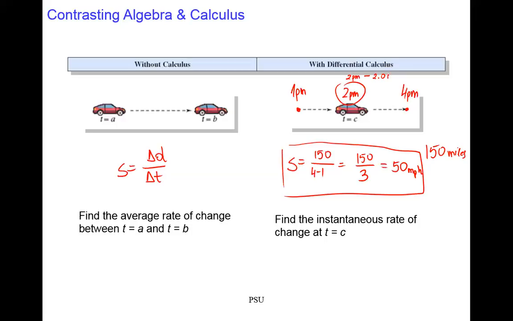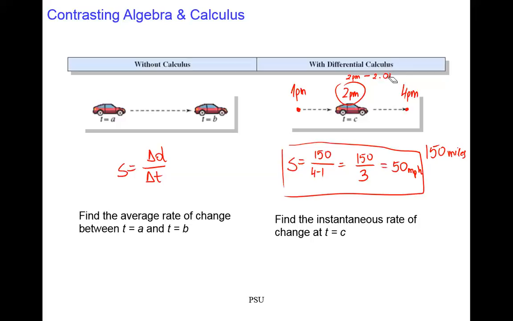Okay, let's say 0.01 hour. I can say 2:01 because I don't want to go for the fractions and the minutes and the seconds. Okay, that we can see what we have to do.